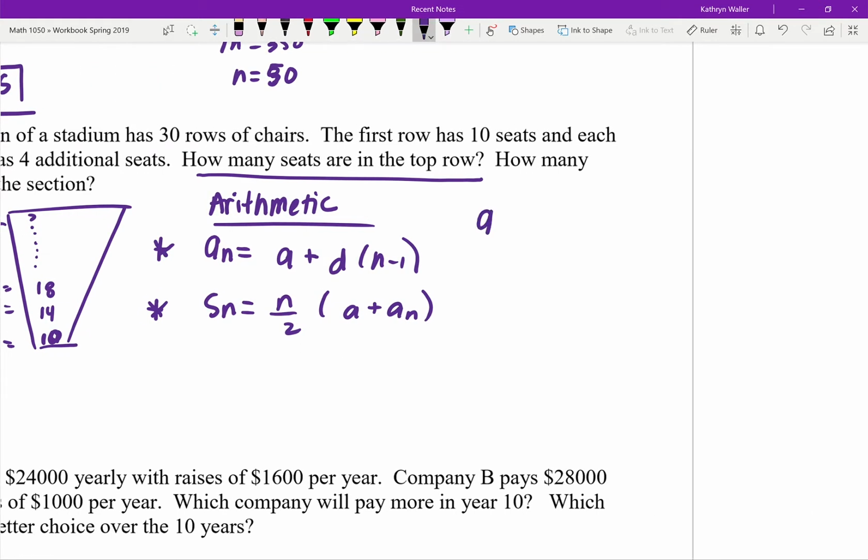So we're going to go A sub 30 is the first one, which is 10, plus the common difference, which is a 4. 30 minus 1 is 29. So then I go 10 plus 4 times 29, close it off, hit enter, and I get 120 seats in the top row.